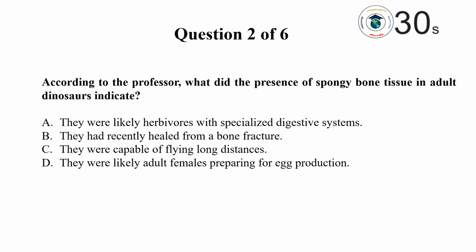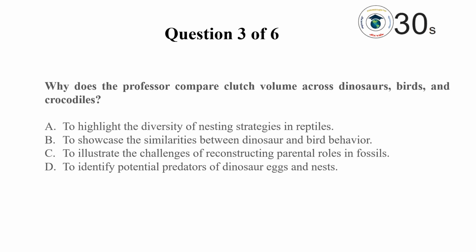According to the professor, what did the presence of spongy bone tissue in adult dinosaurs indicate? Why does the professor compare clutch volume across dinosaurs, birds, and crocodiles?